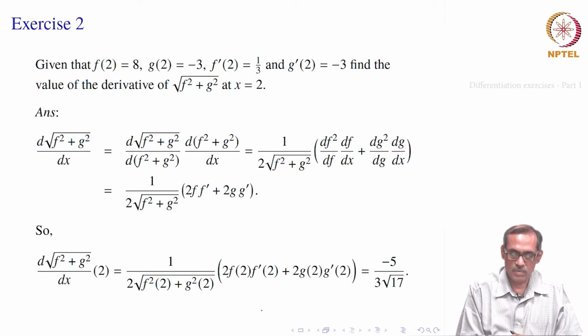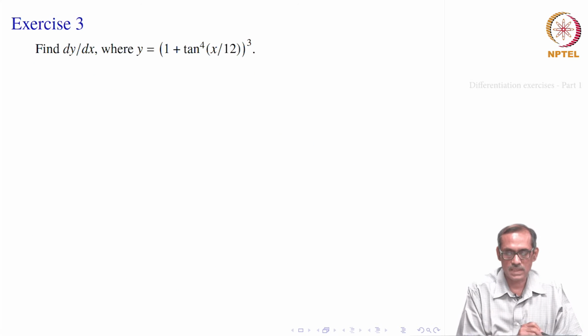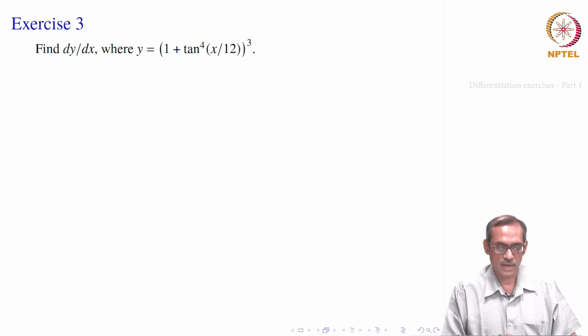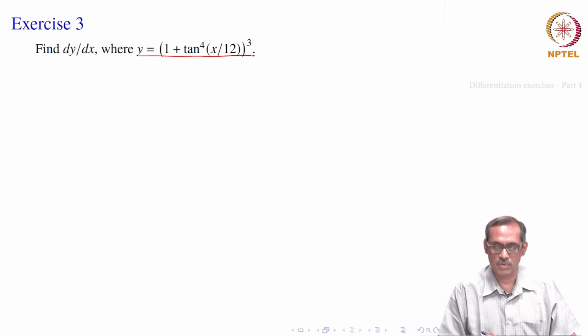Okay, so that is how we will be proceeding by using the chain rule. Let us go to the next problem, where we are given dy by dx. To find out dy by dx, given that y is equal to a function of x which is 1 plus tan fourth of x by 12 whole cubed.